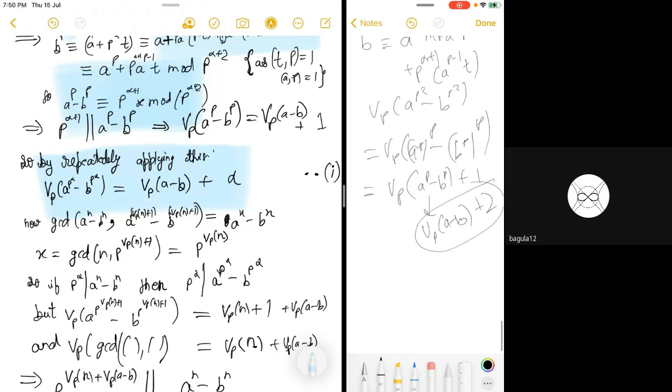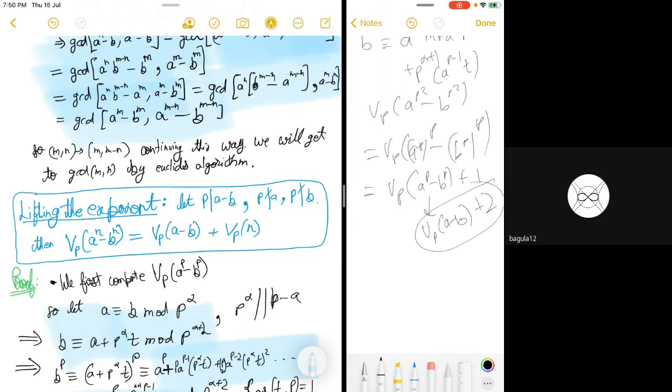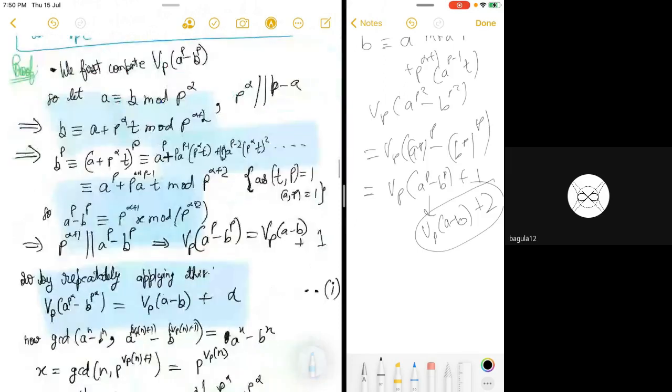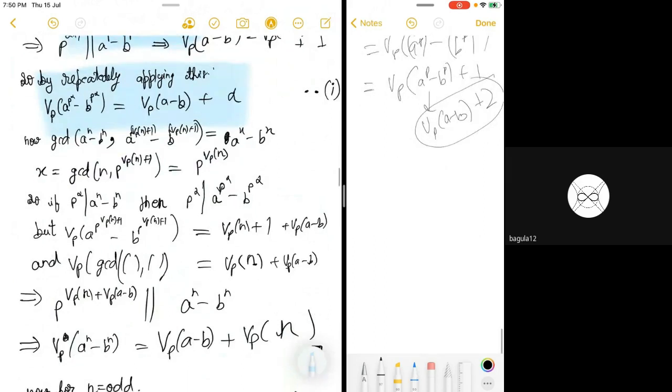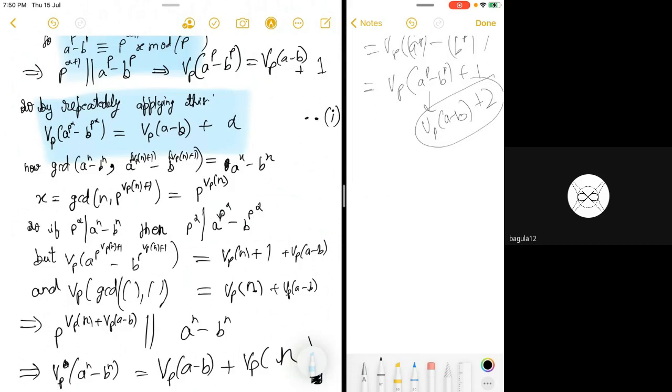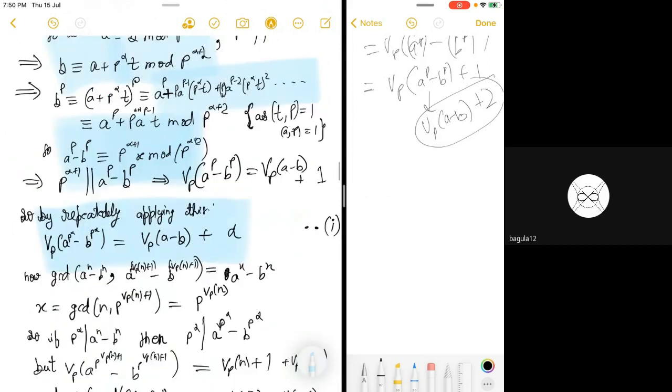And you can check, and it is very important to check, P divides A minus B at every step, which is easy, but don't forget that. So now we have proved the lifting the exponent lemma for n being a power of a prime.